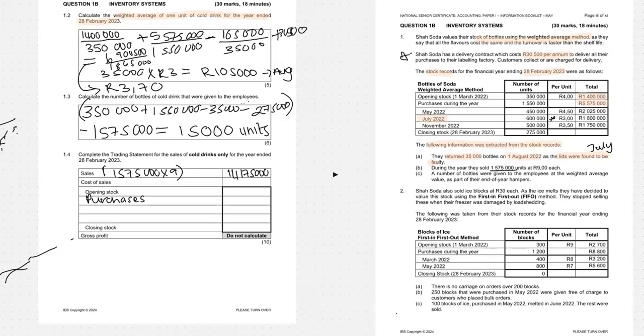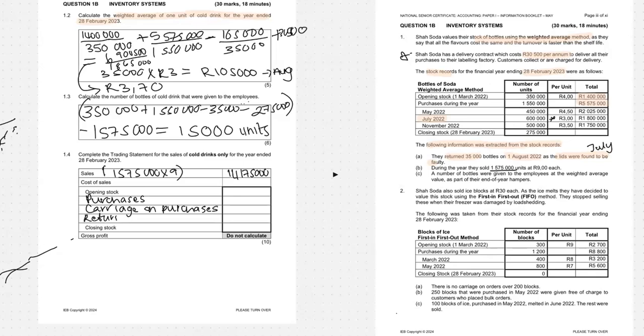So you add your carriage on purchases, and then you need to subtract your returns and your closing stock as well, and that will give you your cost of sales.